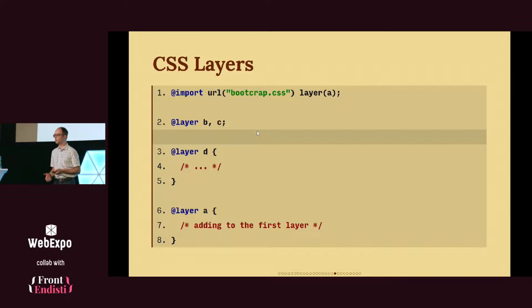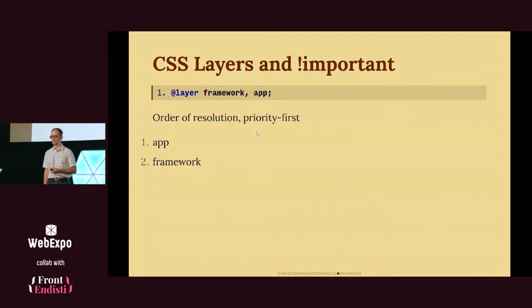Then I will continue adding a fourth layer on line number 3, and I will add some declarations into the layer, and I'm free to extend layers afterwards as many times as I wish. For instance, adding stuff to the layer named A, the layer with the framework code. So these are the primary tools, primary syntax modes for establishing CSS layers.